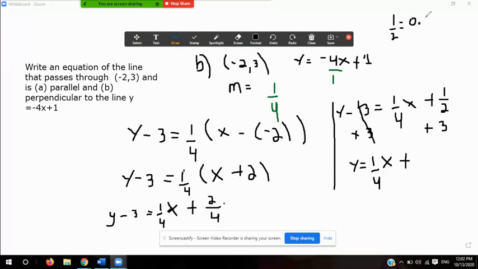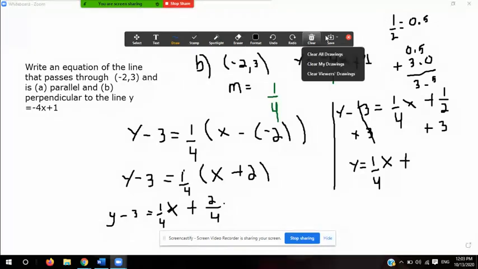And then I can just add 0.5 to 3, and 0.5 plus 3 is 3.5, right? So that's one thing I can do. I could just say y equals 3.5.